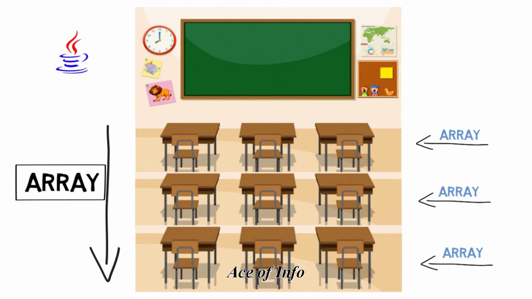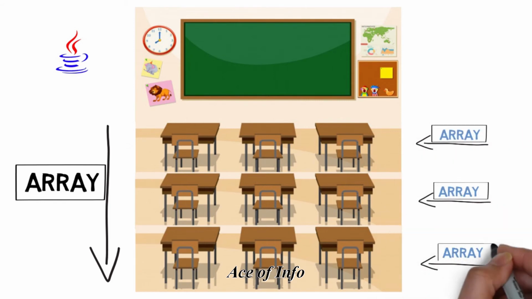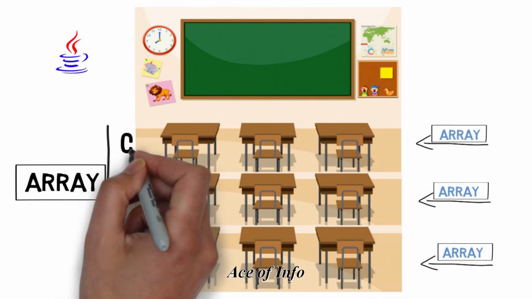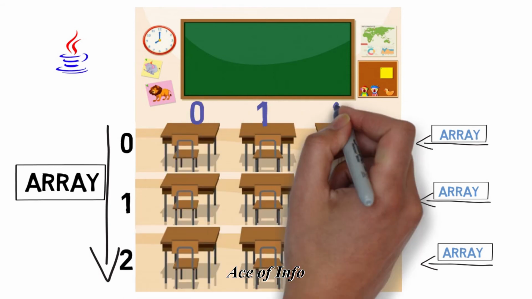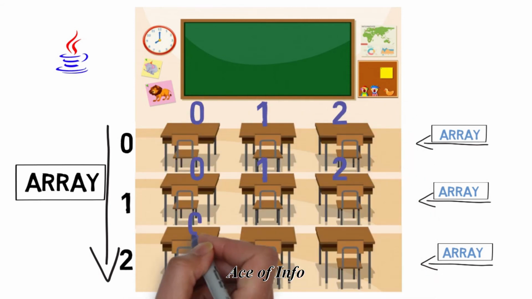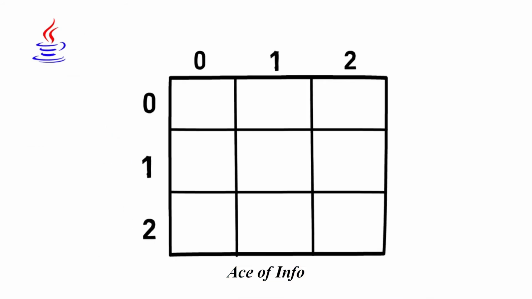Now the question is, what are the index numbers? If each of these is an array, their indexes should be as in a normal one-dimensional array, starting from 0. Now here, it is an array of arrays. So we give indexes for each array. Then it can be seen as rows and columns like a table.